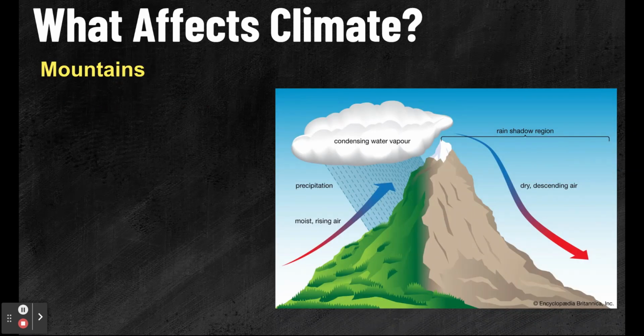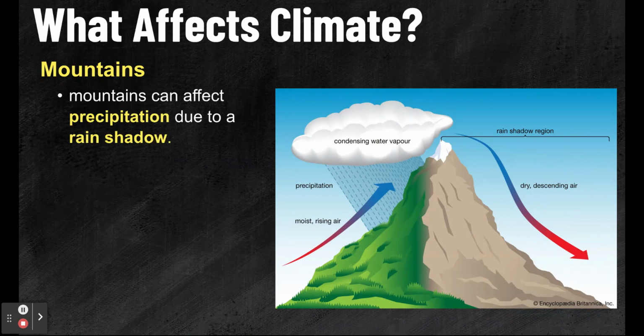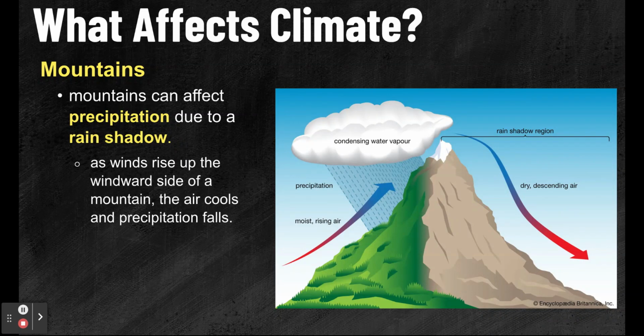Okay, the final factor that affects climate that we're going to talk about in this video will be mountains. Mountains can affect the amount of precipitation due to a rain shadow. And here's how this works.